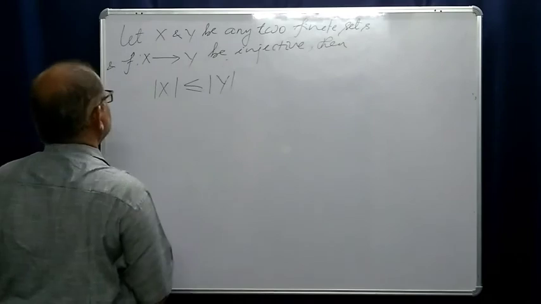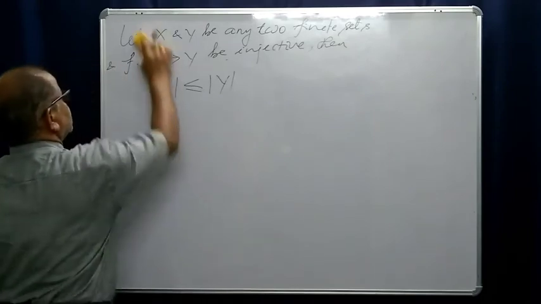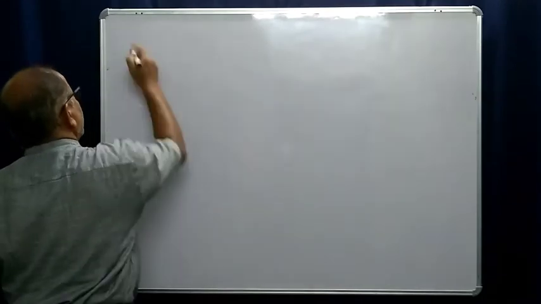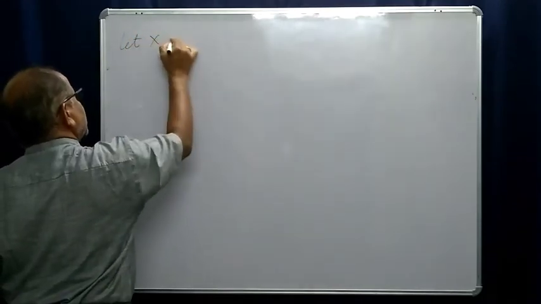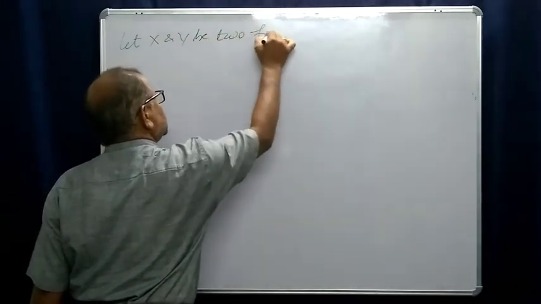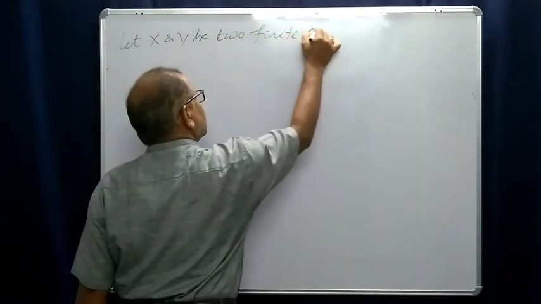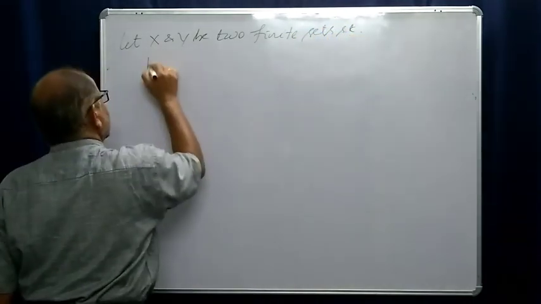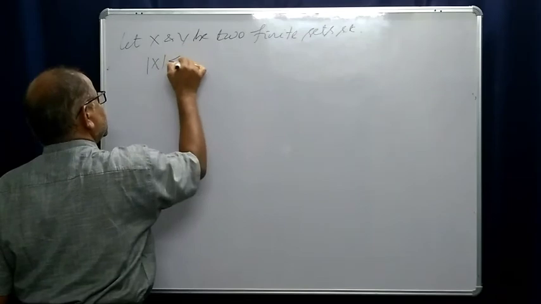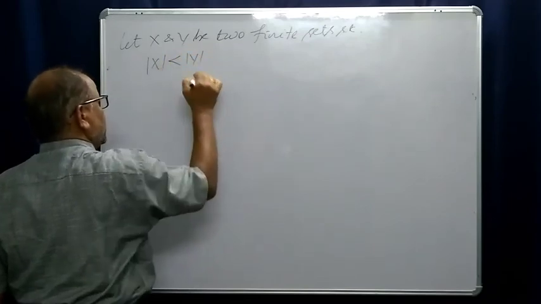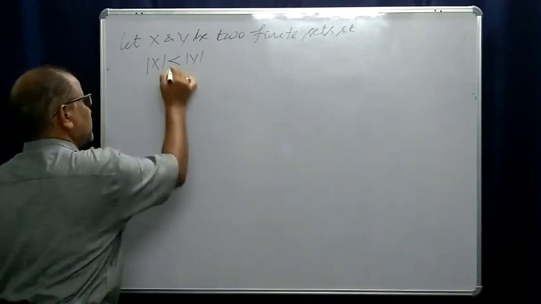Suppose, let x and y be two finite sets such that cardinality of x is less than cardinality of y.